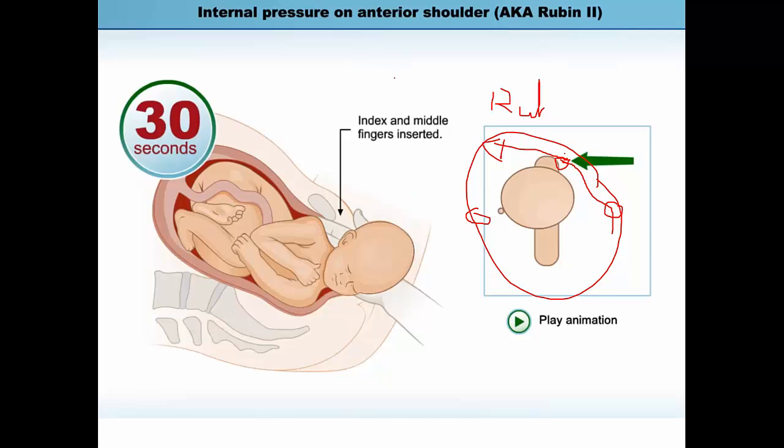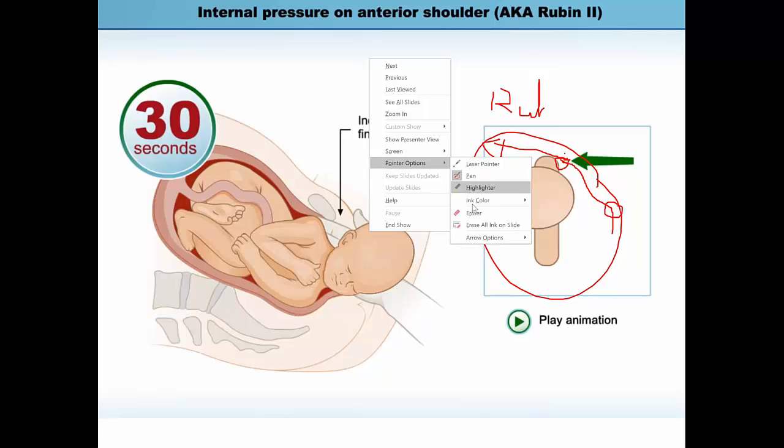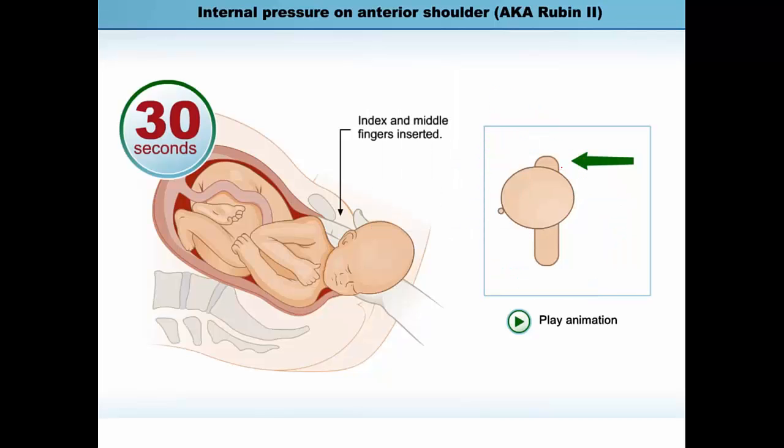This is about Rubin 2, internal maneuver. First, we'll start with Rubin 2. If you imagine this is the vaginal orifice, and this is at 3 o'clock, and this is 7 o'clock.